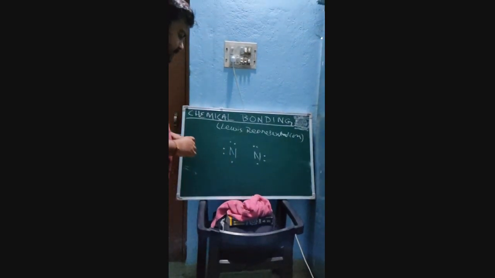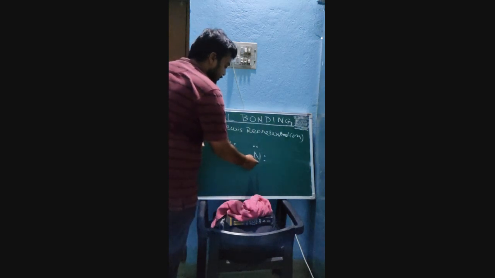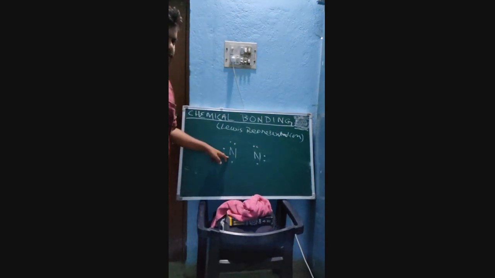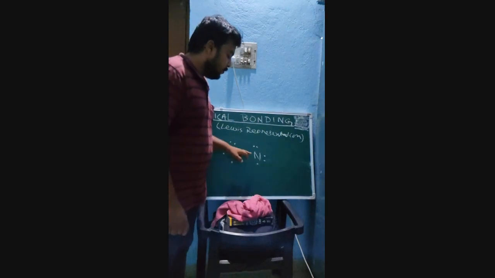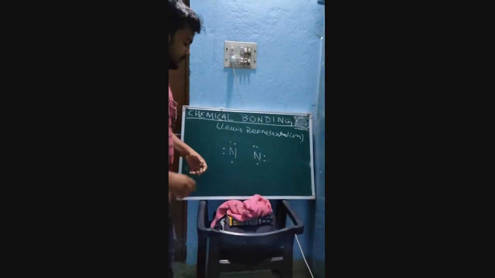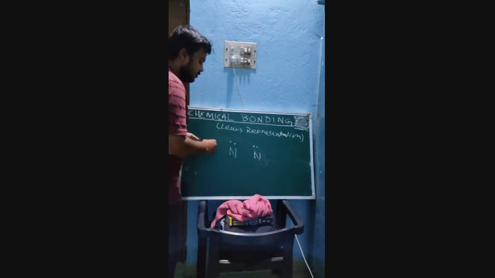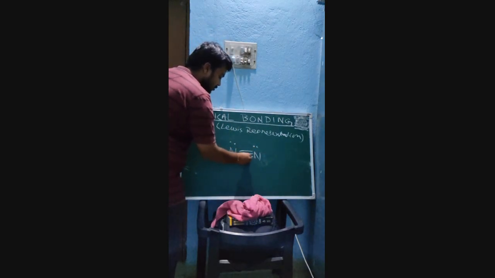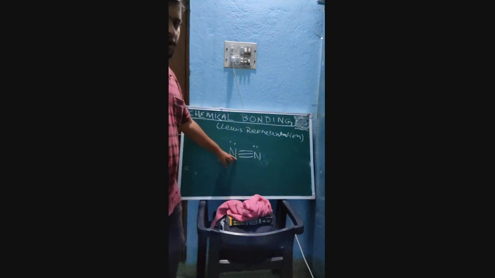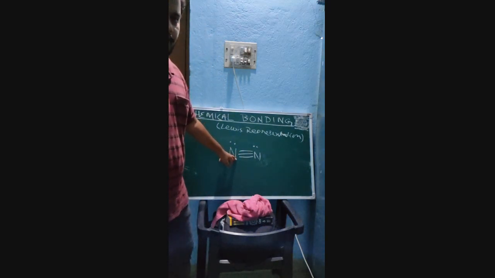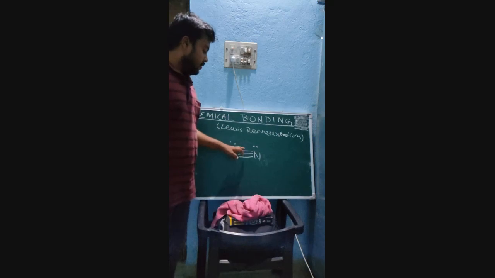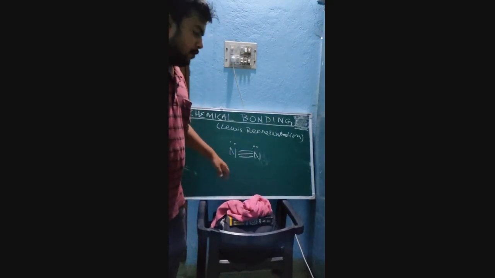So what will happen is that 3 electrons of this nitrogen and 3 electrons of this nitrogen will be shared between both the atoms. So there is a triple bond because 3 pairs of electrons are being shared. So this is a triple covalent bond.